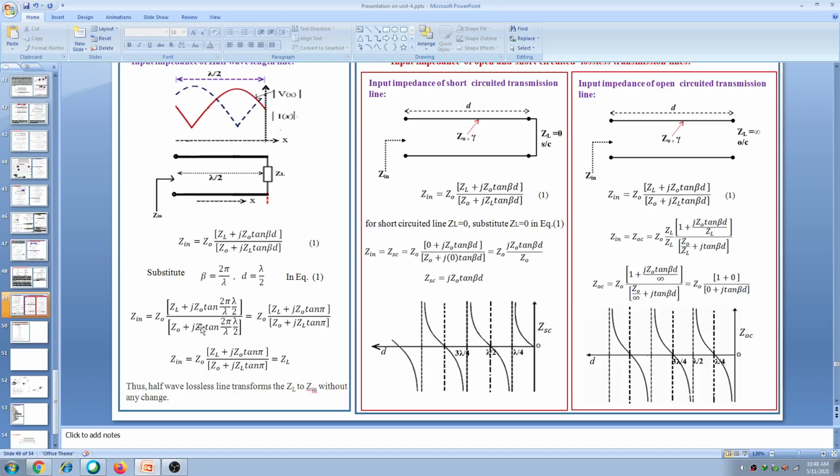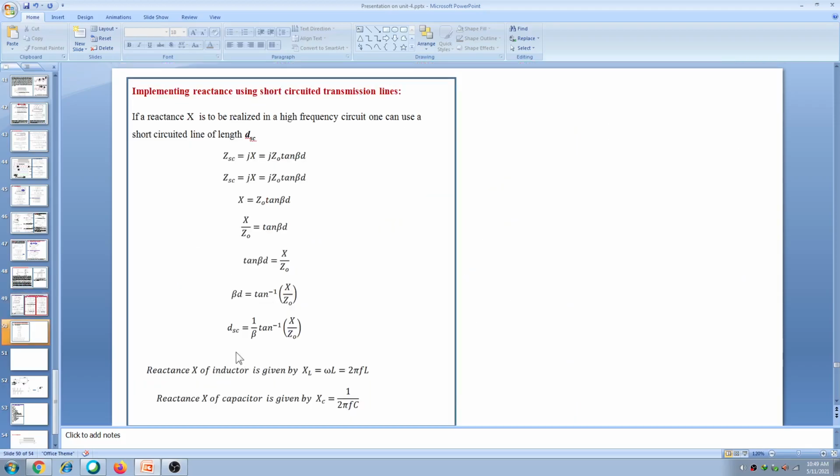You just substitute D equal to lambda by 2, with beta equal to 2 pi by lambda, and simplify. It is Z0 tan pi over Z0 plus jZL tan pi. Now from this equation, what is the value?